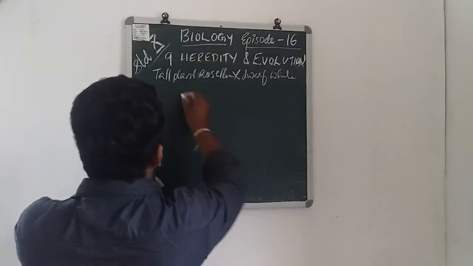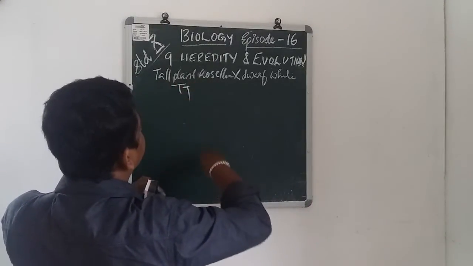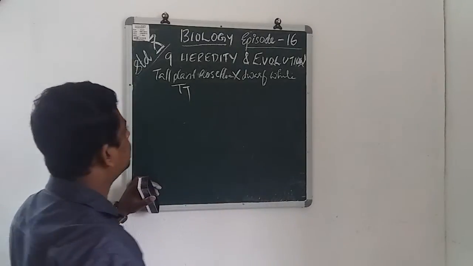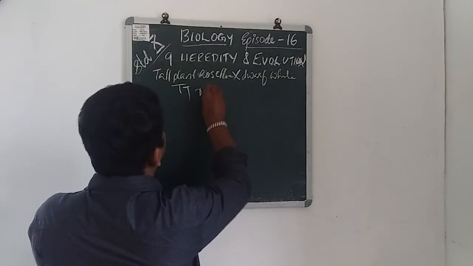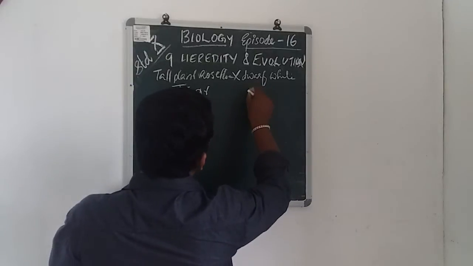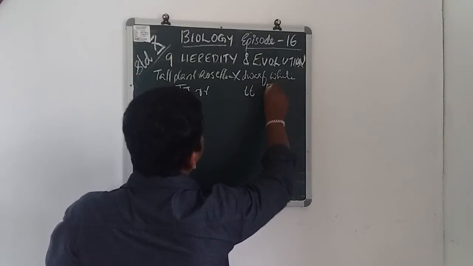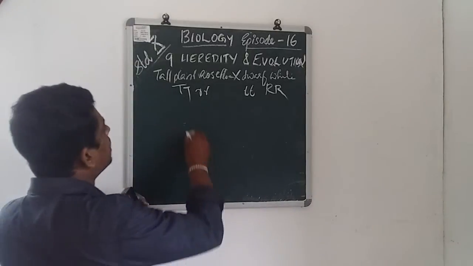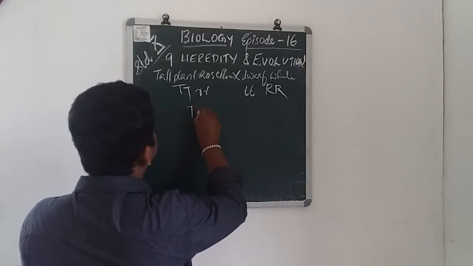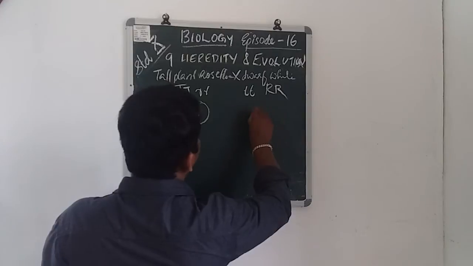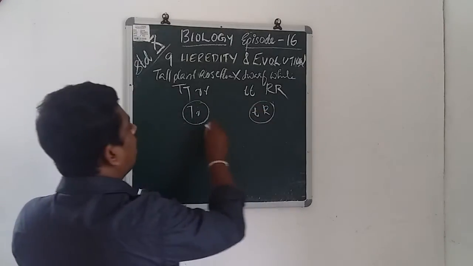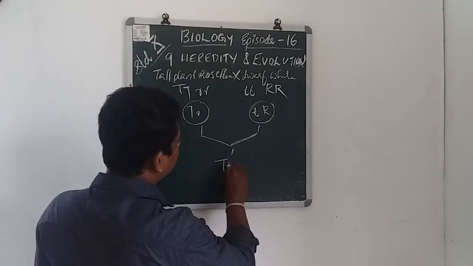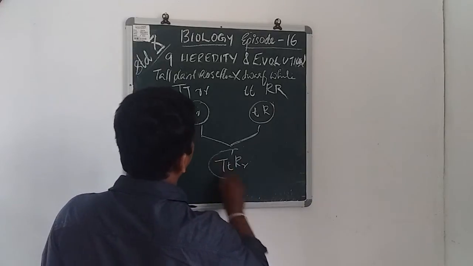The genes are capital T, capital T. The rose flower is denoted with small r, and dwarf plant is small t, and white is capital R, capital R. Okay, the gametes are capital T and small r, and this one small t and capital R, and crossing over, then form capital T, small t, capital R, small r.